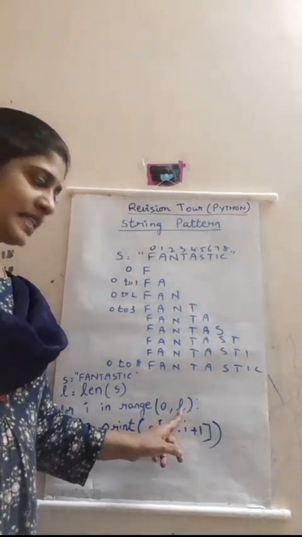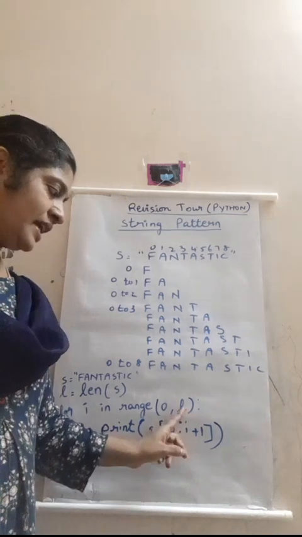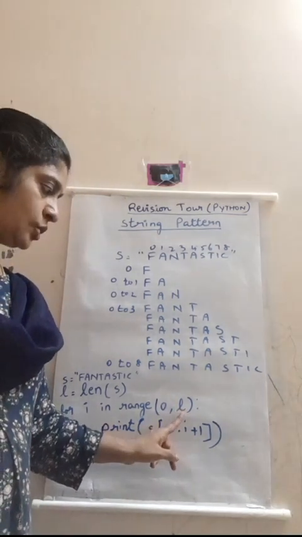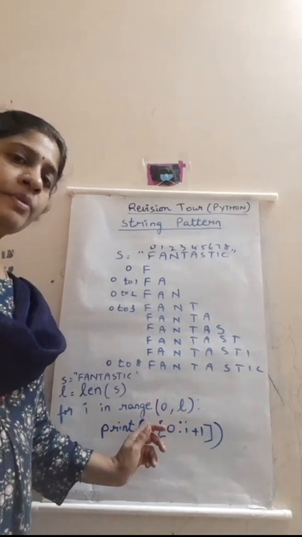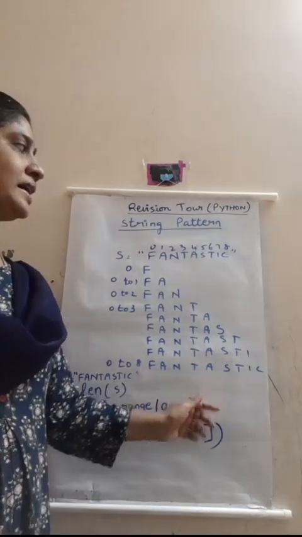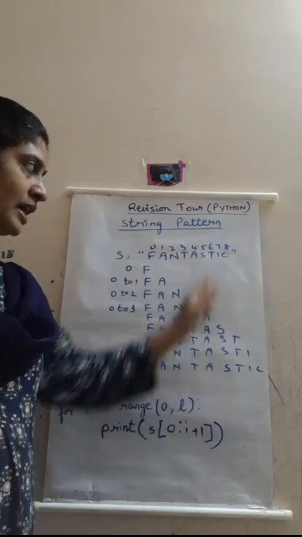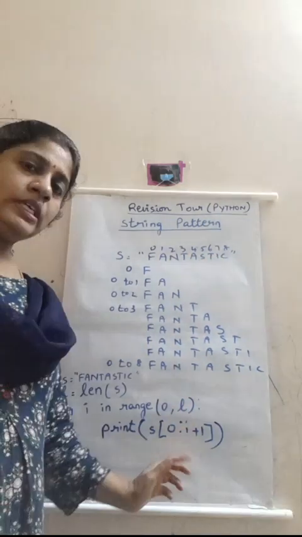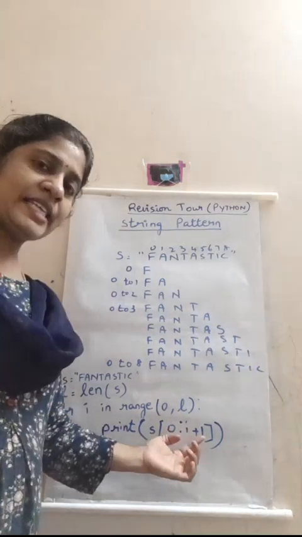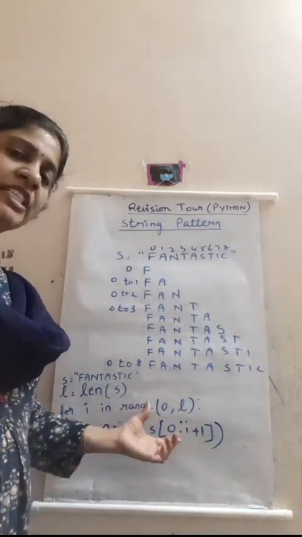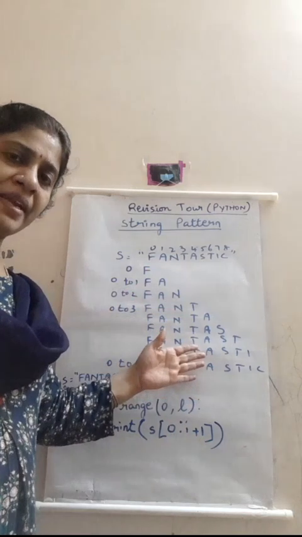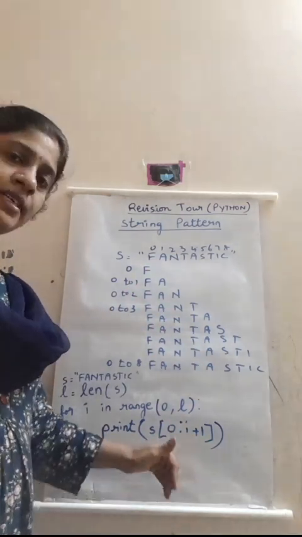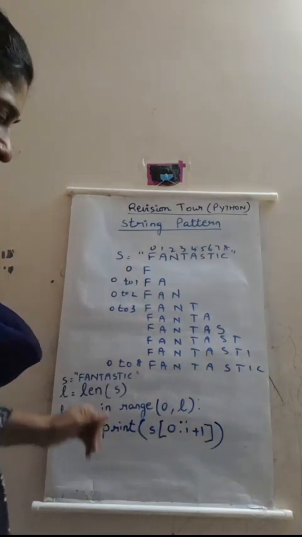If it is 9, it will stop at 8. So I would be 8 plus 1, 9, and it will stop at 8. You can try this single statement to display this whole pyramid. You can try this program and see how to display the string in this format.